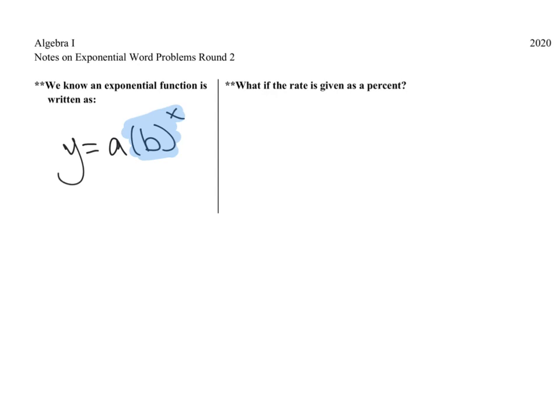All right, so far the b values have been given as something like 2 because it says that we're doubling every year. Or the b value has been given something like 1/2 because it says that we're cutting in half, half of the previous, okay?